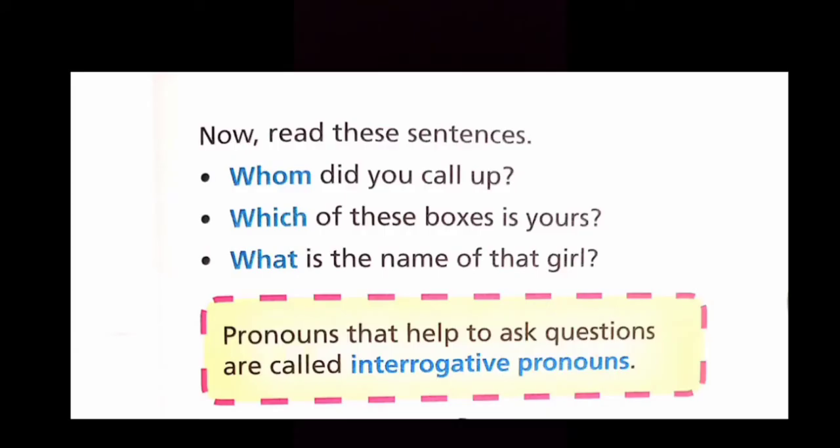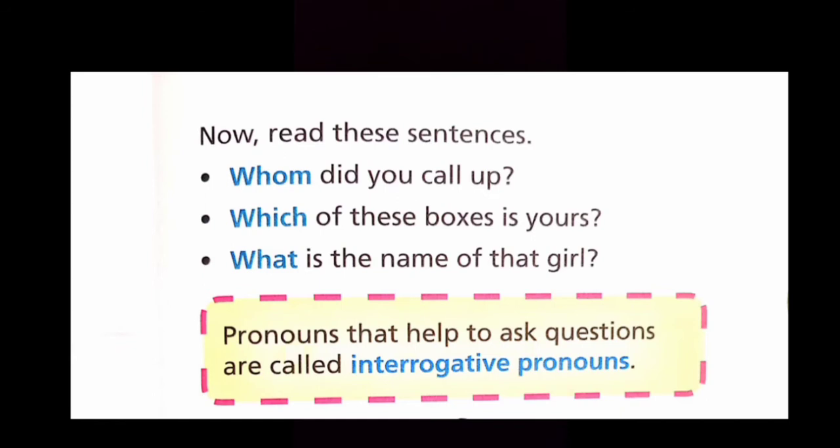Pronouns that help to ask questions are called interrogative pronouns. For example, whom did you call up? Which of these boxes is yours? What is the name of that girl?